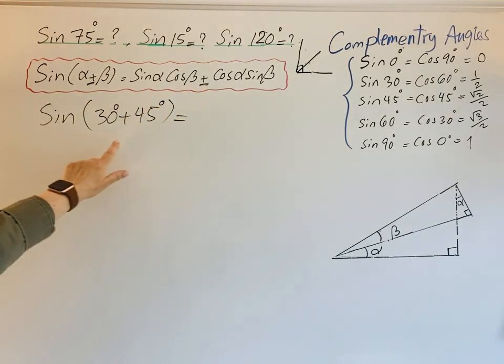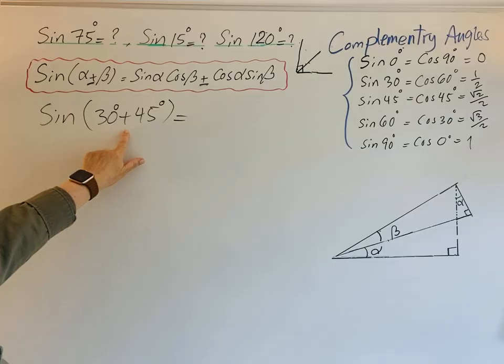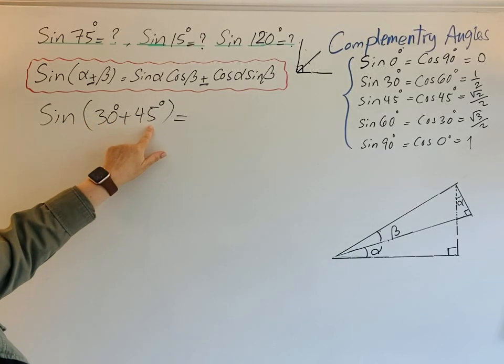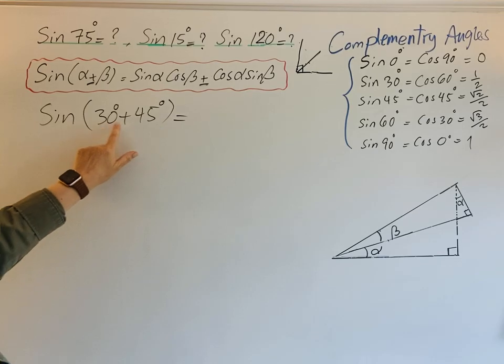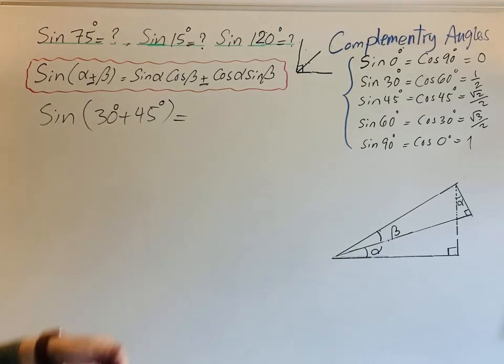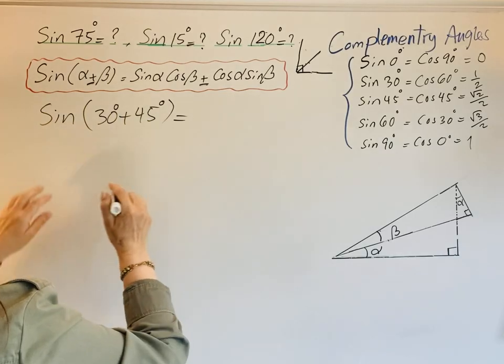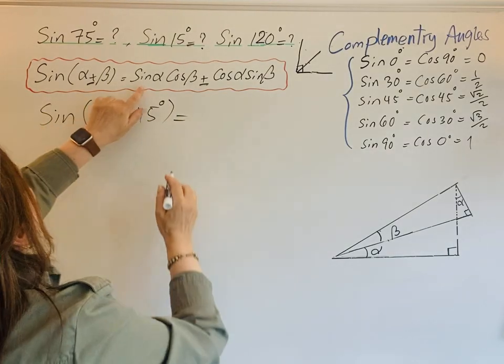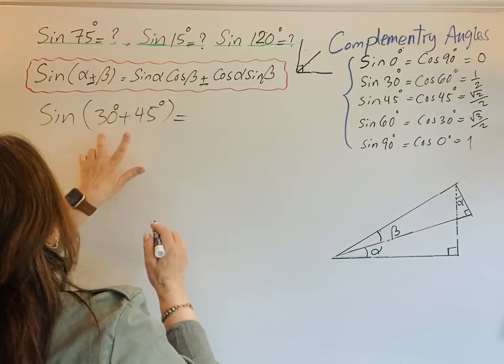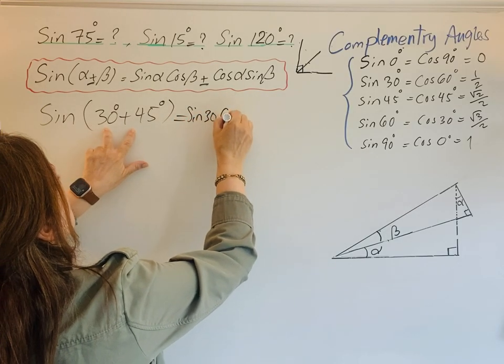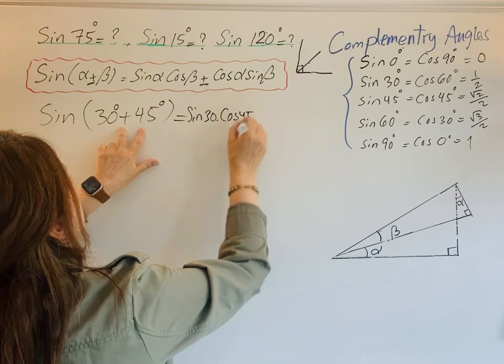Okay, let's do this. Sine of 75 degrees is sine of 30 plus 45. We know the sine of 30 degrees. We know the sine of 45 because we were supposed to memorize this one. How can we do that? We can say sine of the first one times cosine of the second one: sine of 30 times cosine of 45.